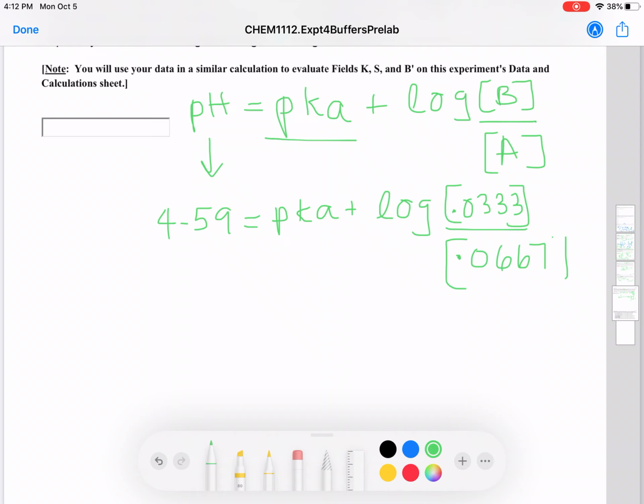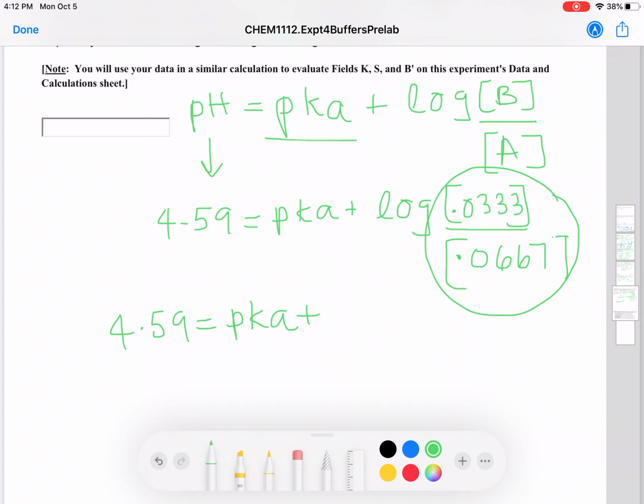First you perform this calculation. You take 0.0333 divided by 0.0667, and first you do this calculation and take that value, and then do the log of that number. So 4.59 equals pKa plus this part.